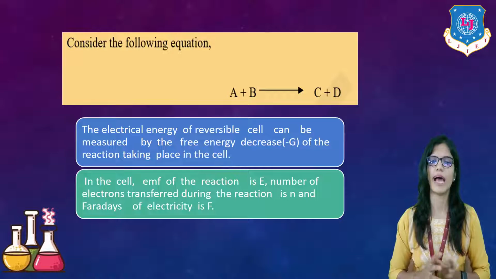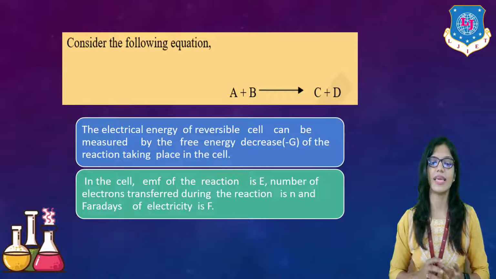Here we will have one equation which is A plus B gives C plus D. The electrical energy of a reversible cell can be measured by the free energy decrease, which is known as minus G of the reaction taking place in the cell.